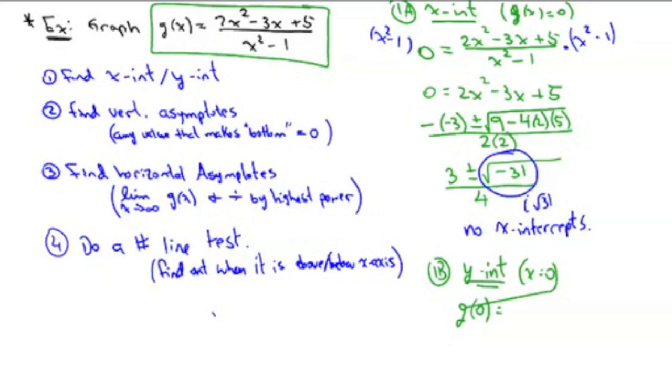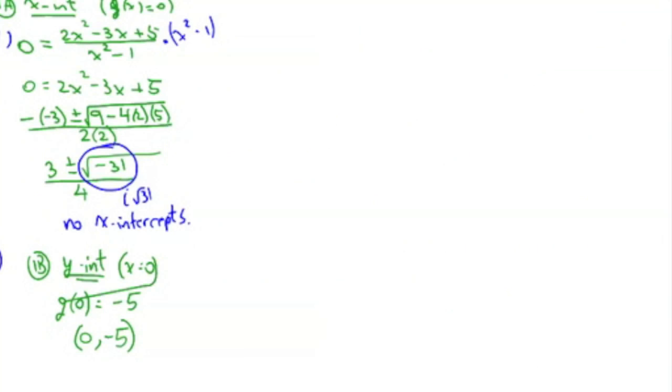What's the final answer? 5. What's 5 over negative 1? Oh, negative 5. So we have a y-intercept of 0, negative 5. Hey, it's like 14 simple ideas. All right, switch colors.